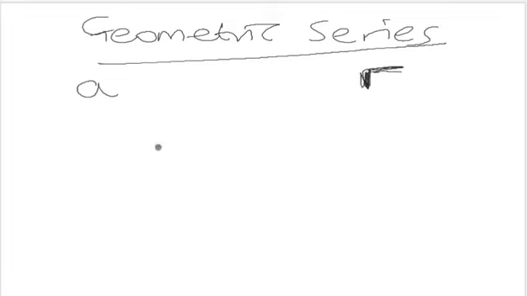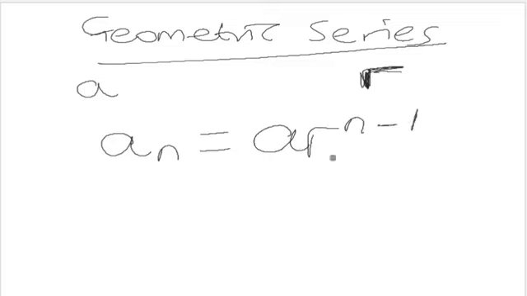Recall that in a geometric sequence, to get the nth term, we have it as a r raised to power n minus 1, where n is the number of terms: 1, 2, 3, and it goes on like that. It could be 1, it could be 2, it could be 100.